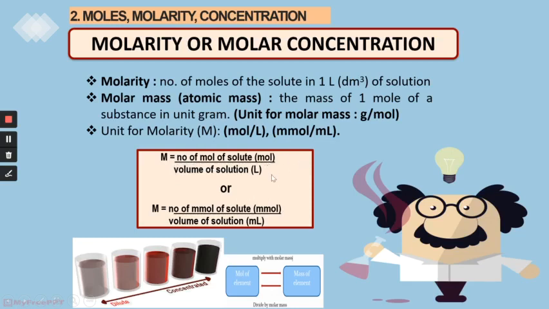So the amount of solute is in terms of mole, and the amount of solution is in terms of volume. Get it? Okay. Or the molarity can be used in unit millimole and milliliter, so the number of millimoles of solute over the volume of solution in milliliter.